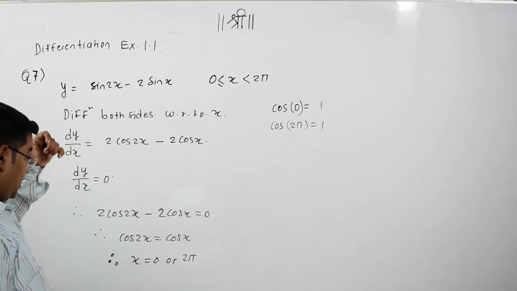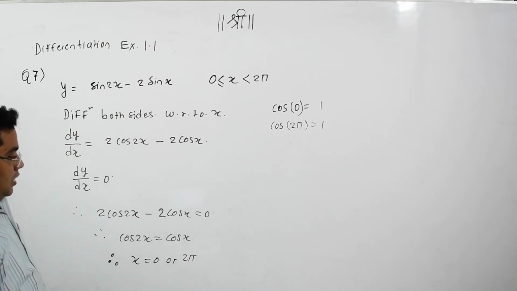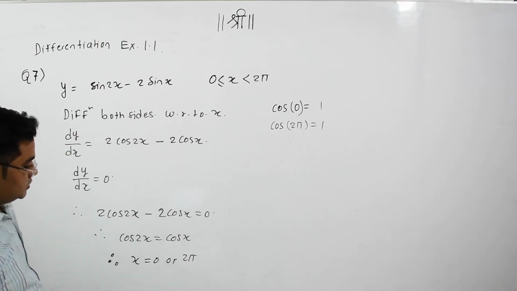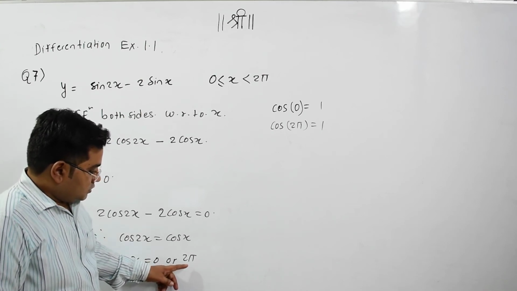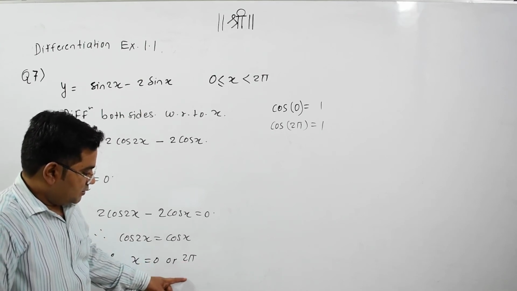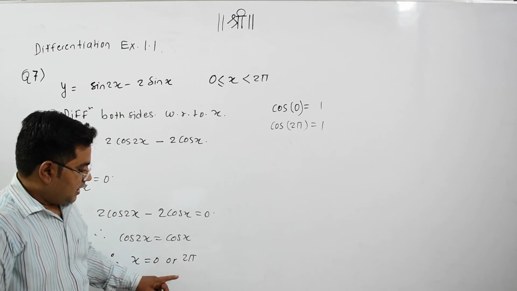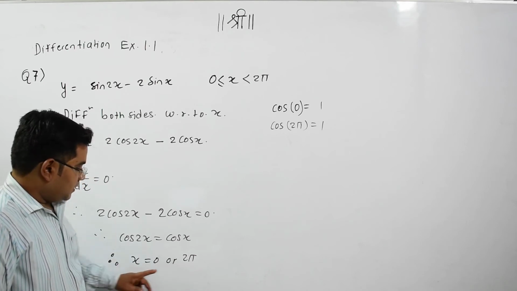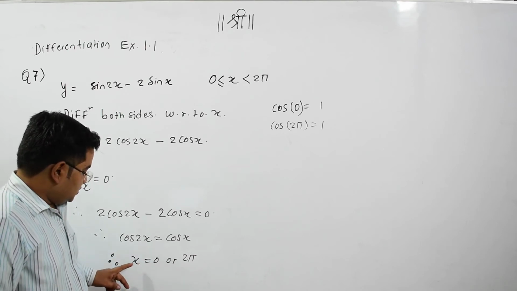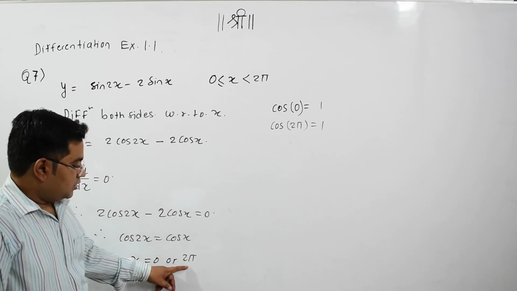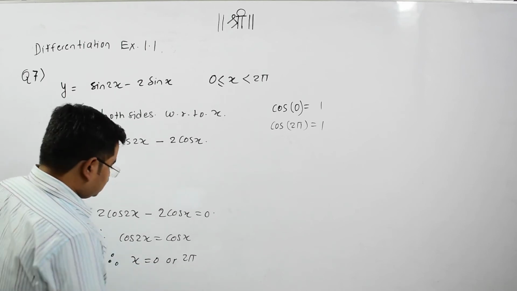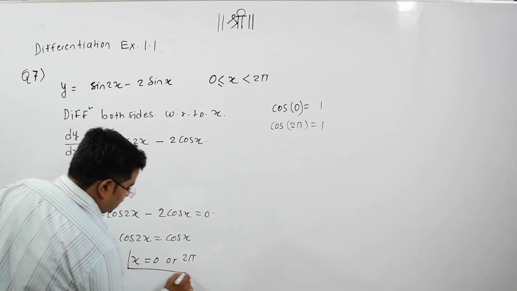Again here we have this clue. Now with 2 pi you get the same values, and without any hesitation these values are correct. So x is equal to 0 or 2 pi, sir, and that's how we got the answer.